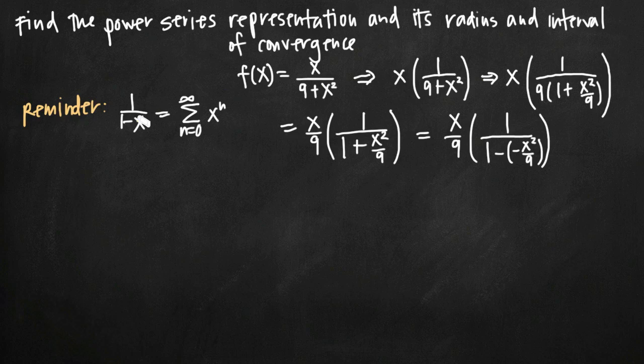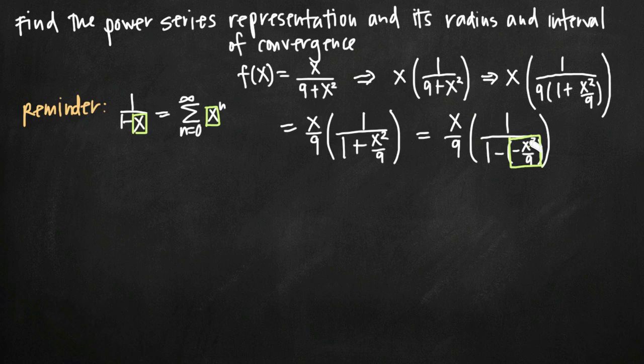Now what we can just do is say that this x value right here, the x value in this particular spot in this sum, is equal to this x value that we have here, the x value in the same spot. And if we just say that x is equal to negative x squared divided by 9, everything else is the same. So we can substitute this negative x squared over 9 in for x right here, because in this infinite sum, they're pulling this x value from this sum right here.